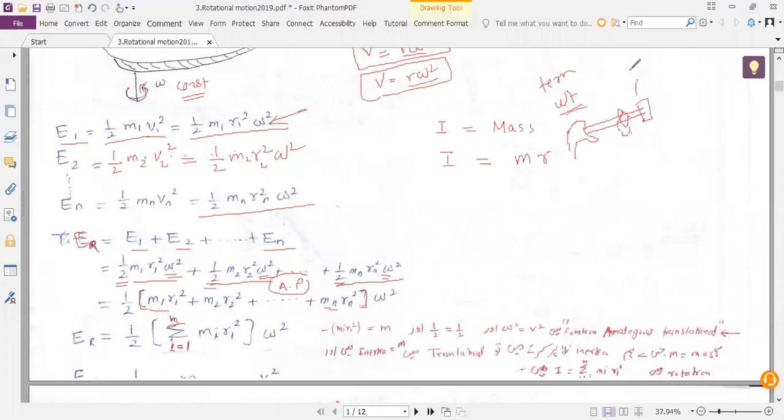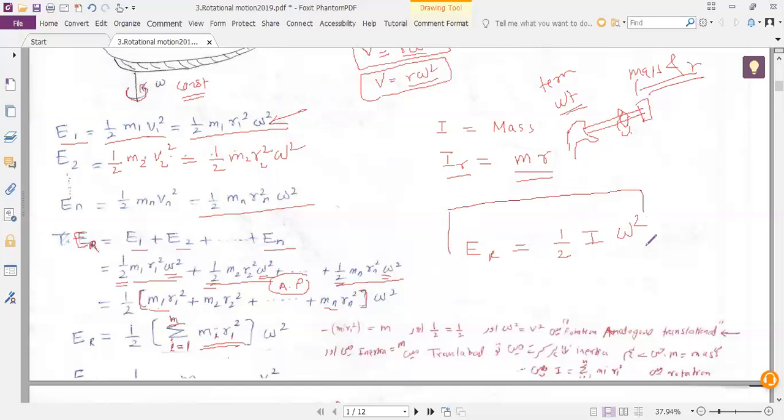So the effect of mass also depends upon the distance. Okay, students. That is why in rotational motion, inertia is represented by mass into distance squared. So I am replacing this sum of mass and distance squared by the symbol I, the moment of inertia, and omega square stays as it is. With the help of this formula, we can easily calculate the rotational kinetic energy of any body. And here, the kinetic energy is represented by capital E.